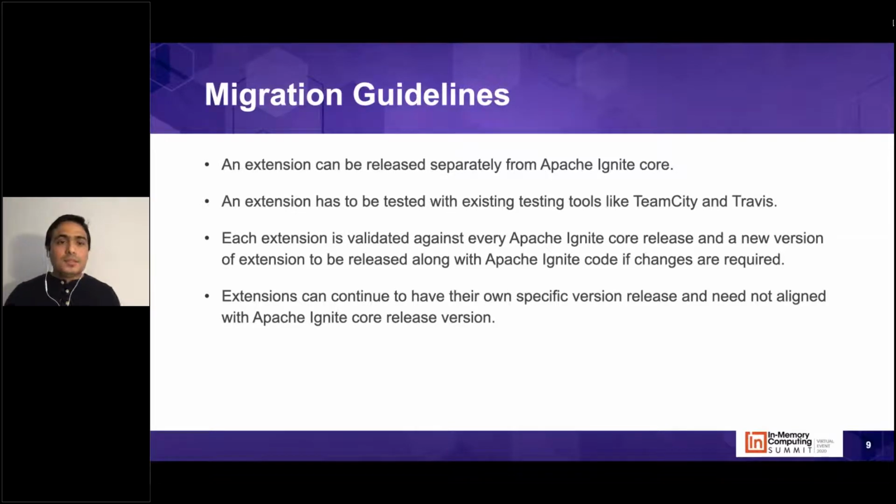Each extension needs to be validated with the Apache Ignite core release, and with some of the modules it uses, like Log4j or Log4j2, so it needs to be validated against the latest release of those projects. Then each extension can continue to have its own specific version. Kafka and Flink will not be at 1.0.0 all the time, right? The Kafka module can be at 1.0.3, while Flink can still be at 1.0.5, something like that. Each of them will be released as and when those projects independently evolve in their life cycles.